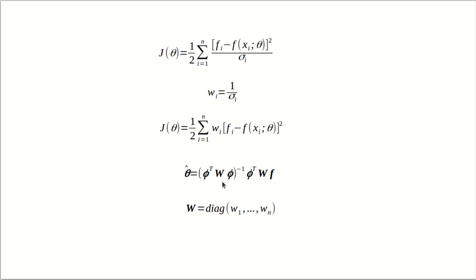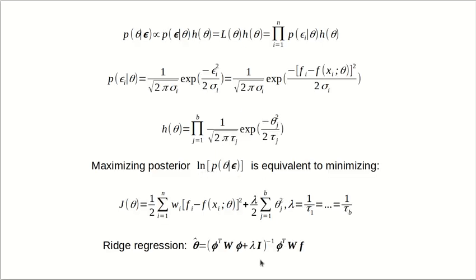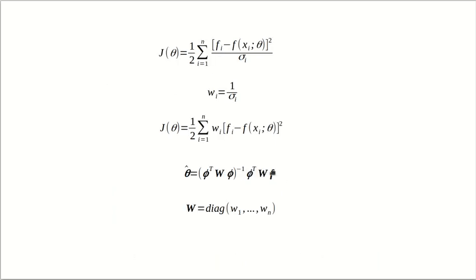Except that inside of this parenthesis, you have to add something, plus lambda I, and then take the inverse. Right. I is the identity matrix, so it's going to be a diagonal matrix with 1 on the diagonal, right? Lambda is going to be a scalar. Right? You have to construct this matrix and then take its inverse, and then multiply with the remaining part of the expression, right?